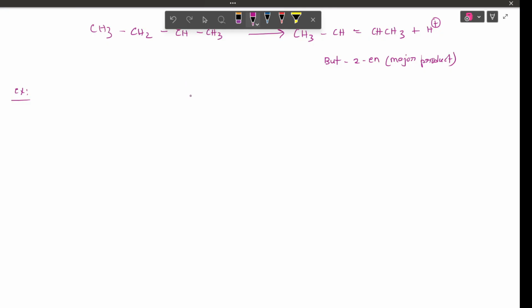Let us say we want to consider the dehydration of 3,3-dimethylbutan-2-ol.